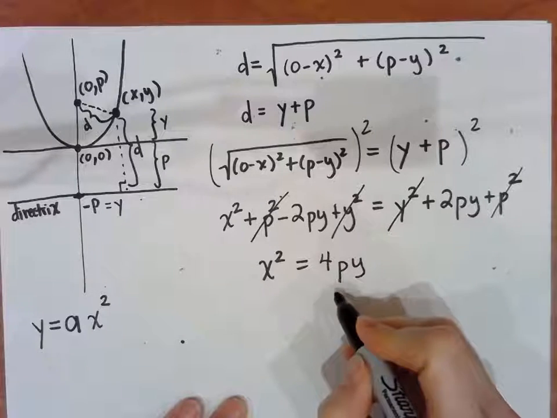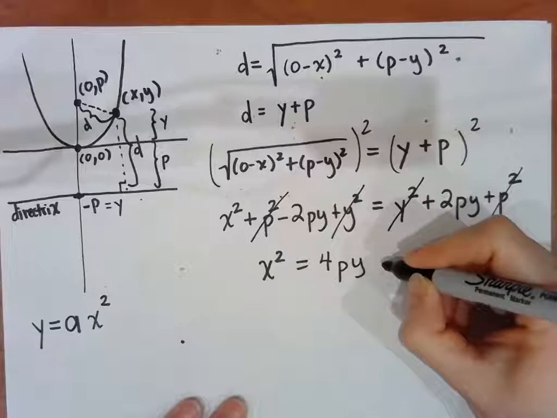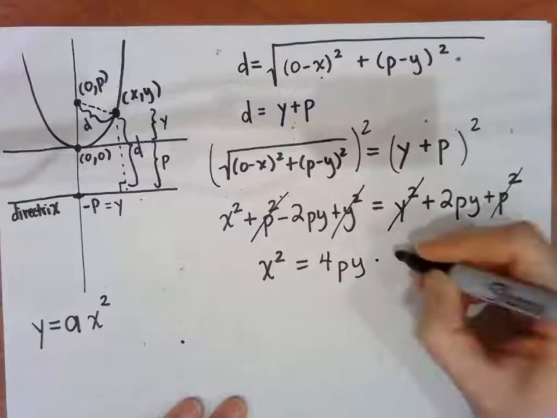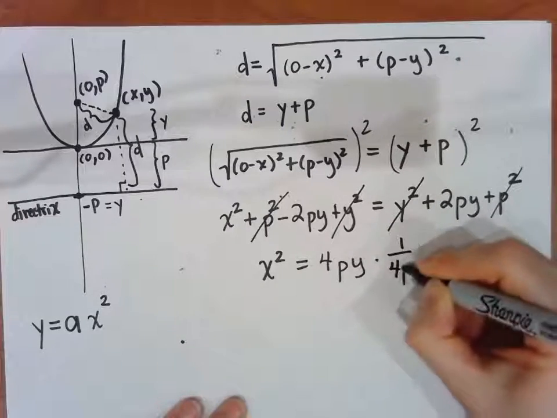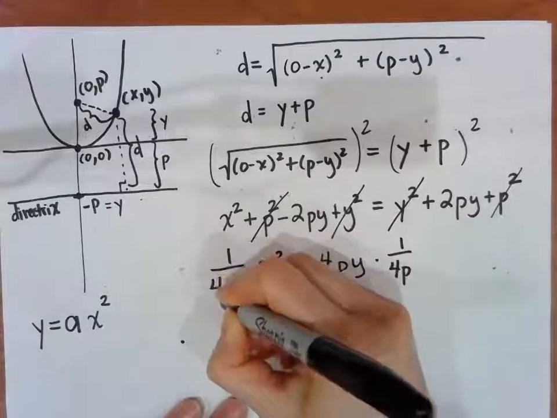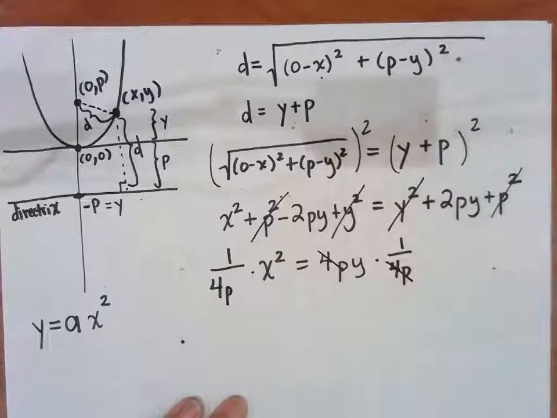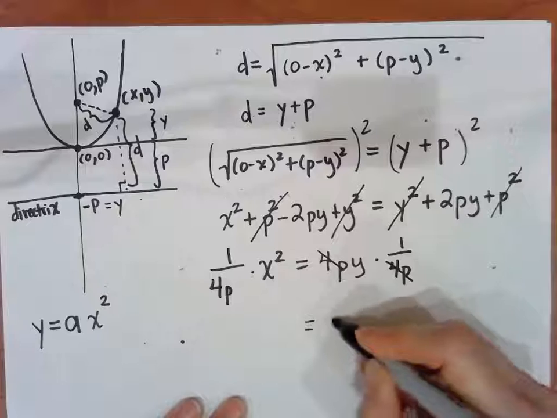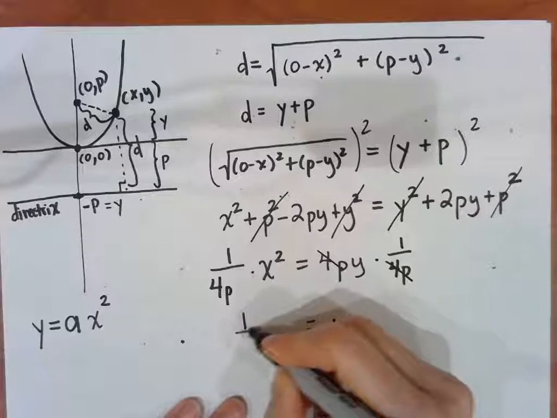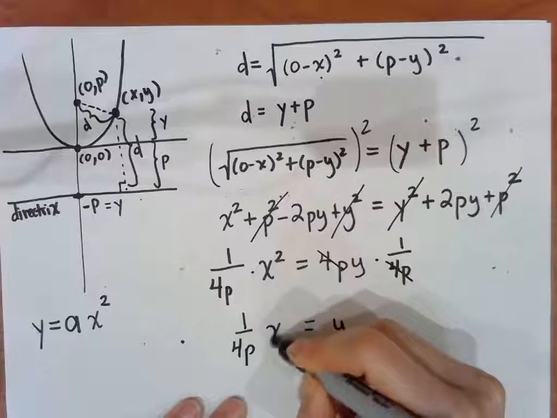Alright, and then let's multiply both sides by 1 over 4p. So this 4p cancels, and we're left with y is 1 over 4p times x squared.